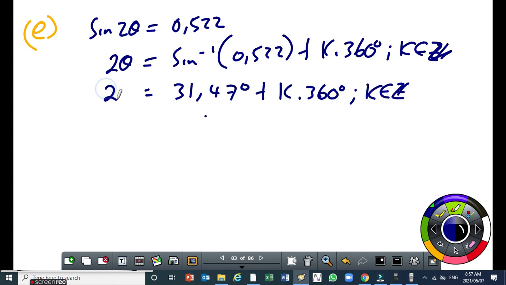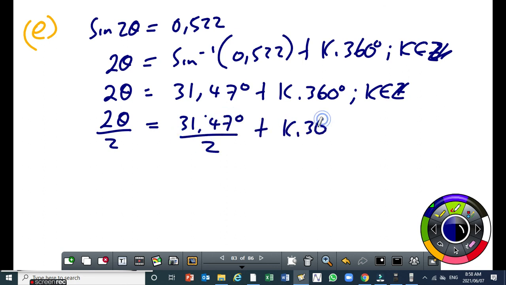Now I want you to look carefully as I do this one. This one is slightly different from the previous one that I did for sine, because the theta is multiplied by 2. So what you do, you divide each term by 2. So this becomes 2 theta over 2 is equal to 31.47 degrees over 2 plus k times 360 degrees over 2, where k is an integer.